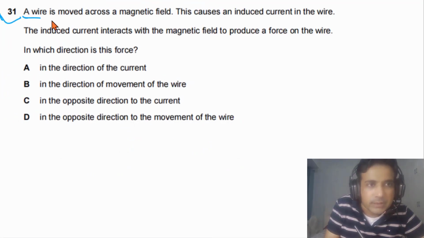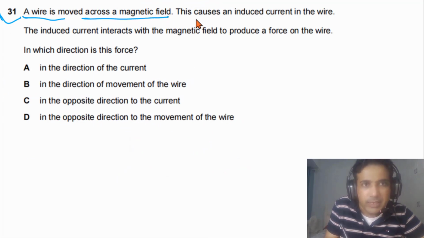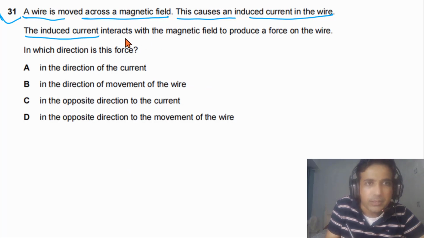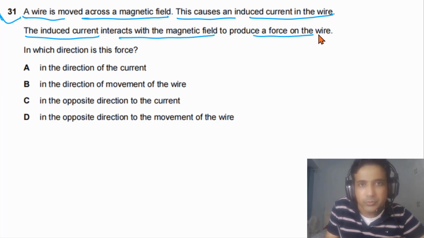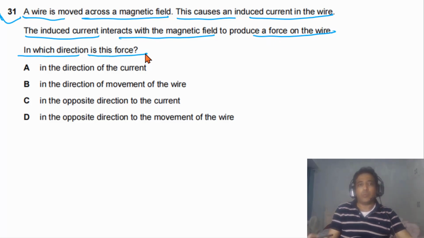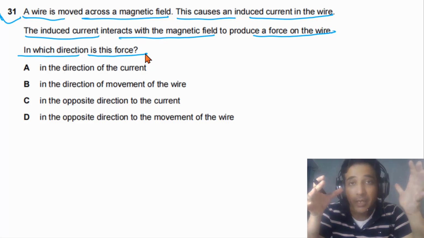Question 31 says a wire is moved across a magnetic field. This causes an induced current in the wire. The induced current interacts with the magnetic field to produce a force on the wire. In which direction is this force? So first of all, we can answer this question just by understanding conservation of energy.